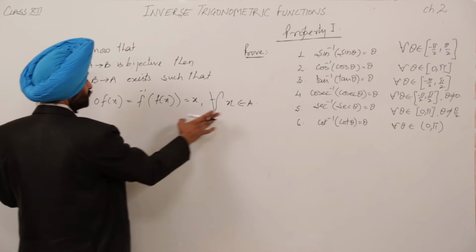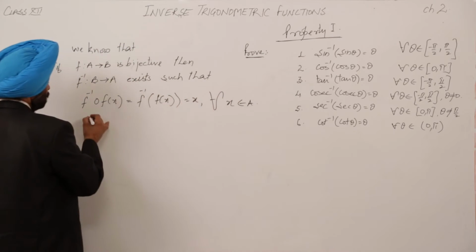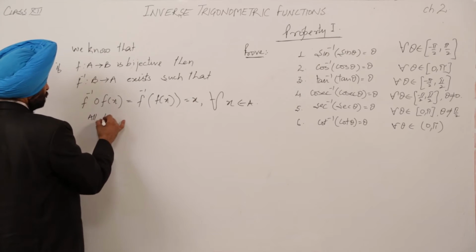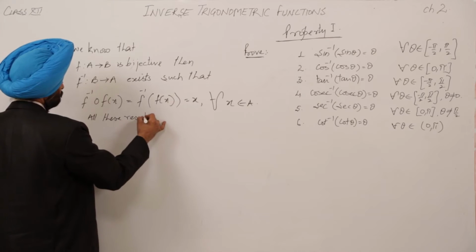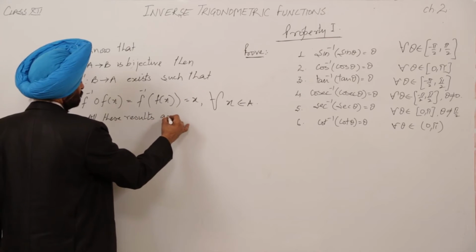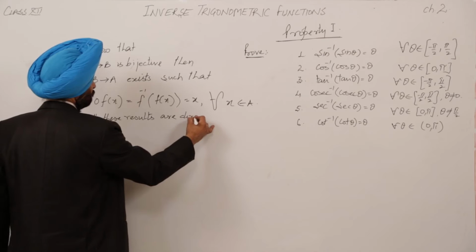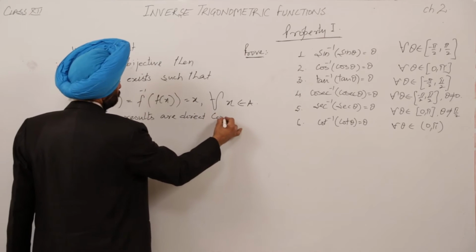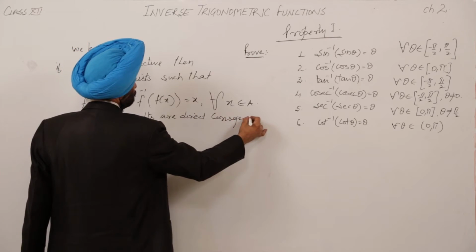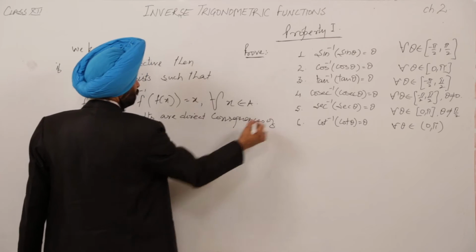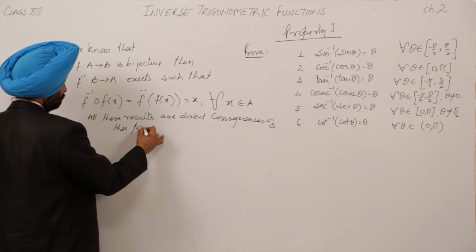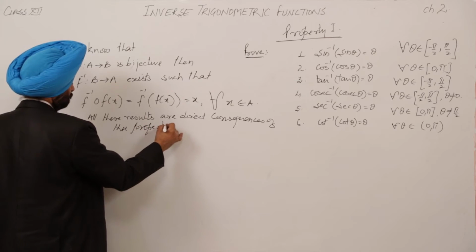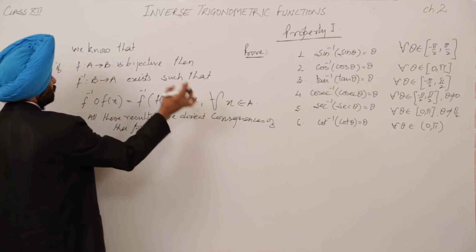Now with the help of this one, we can write all these results, all these results are direct from this property, that finally we are getting x.